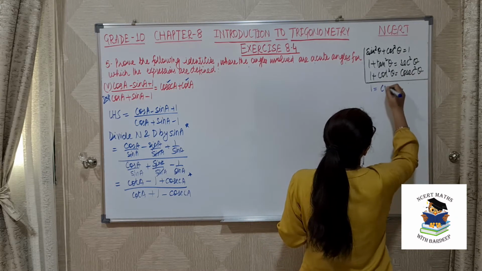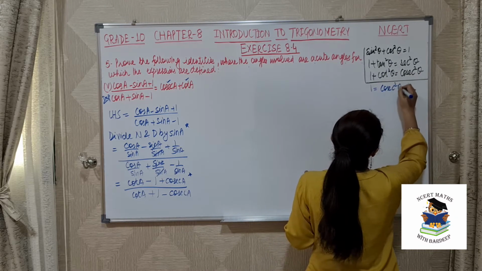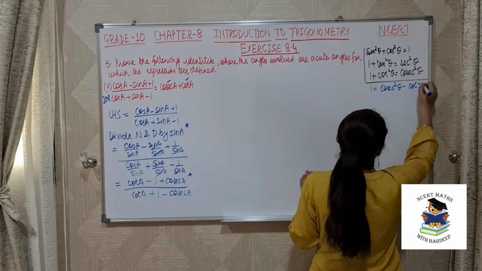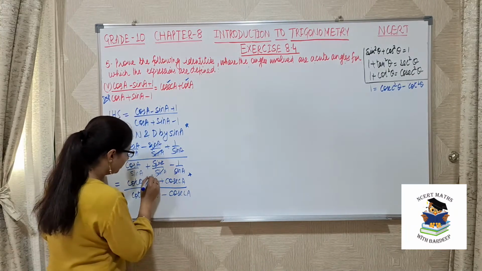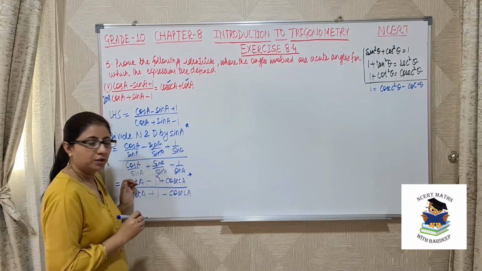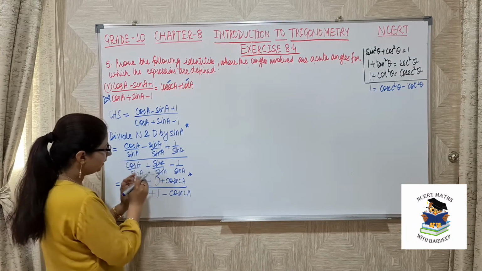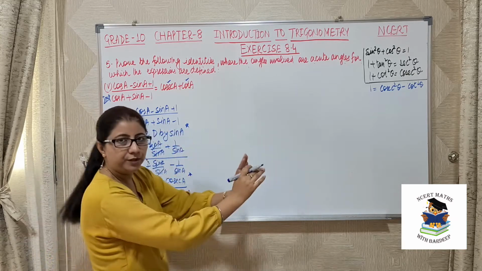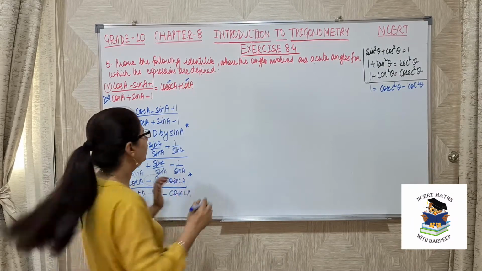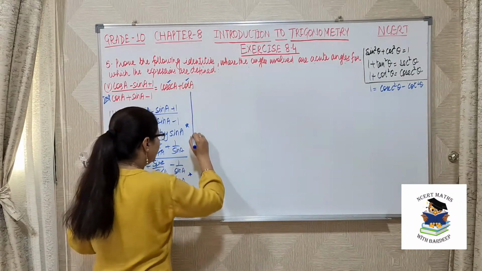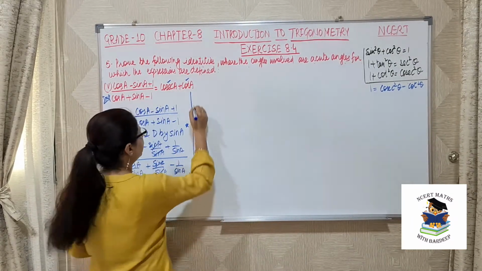This cot square will go to the other side, that is cosecant square theta minus cot square theta. And this one we will use for this term, but since this one is in the middle, first I will shift this to the right hand side so that we can combine this cot A and cosecant A, because we are not going to do anything with this, so make them separate.